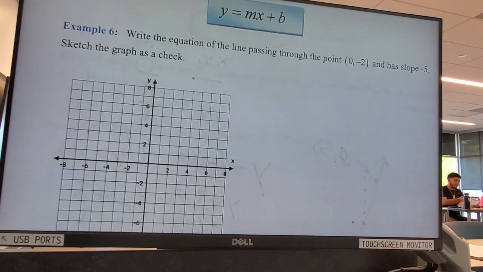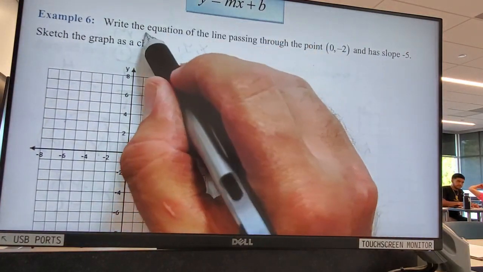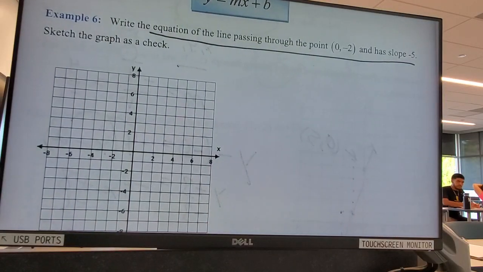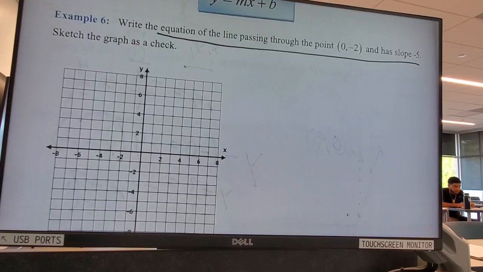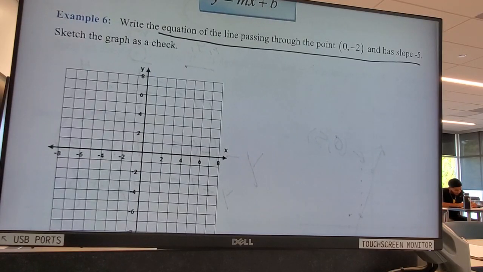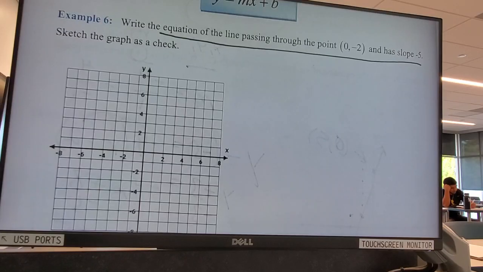Now, without saying anything, can you do the first part of Example 6? Find the equation of that line. So all I want you to do is find the equation, right?